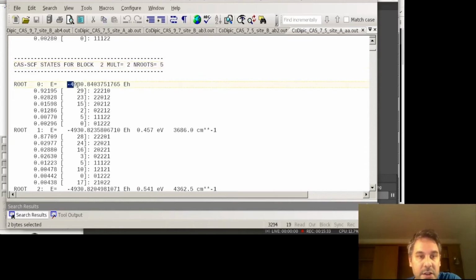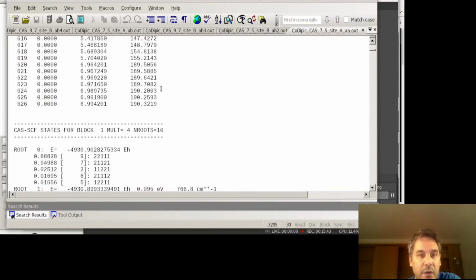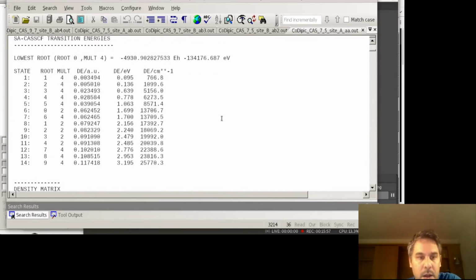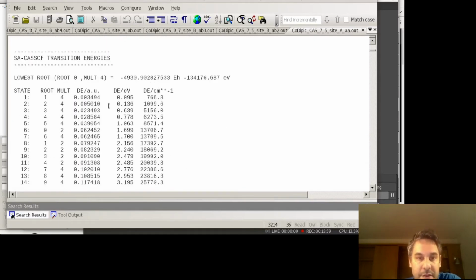If we look at the energy of multiplicity 2, this is minus 4930.84, and if we go to the first root here it is 4930.90. So this indeed has proven that the high spin multiplicity was the ground state. So we have here different transitions.